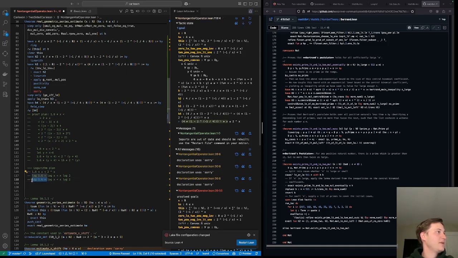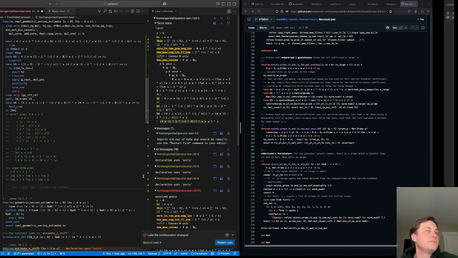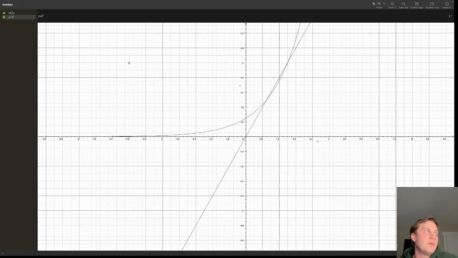Which amounts to saying that x log of x is less than or equal to this quantity. So it's less than some linear bound. So a number of linear upper bounds on the logarithm. Sorry, to return to the grapher.